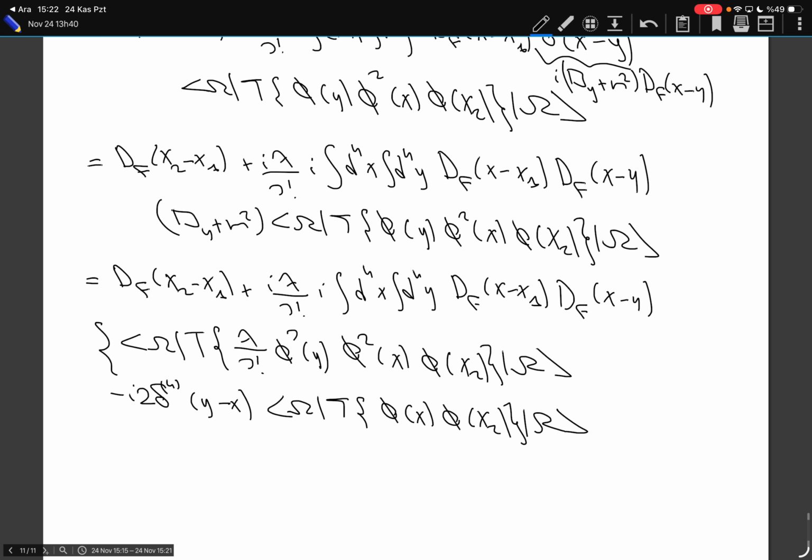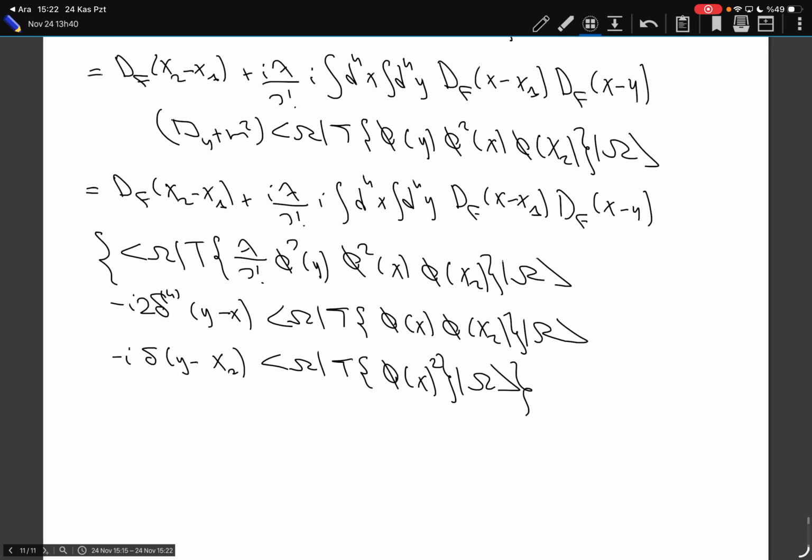And then φ of y can commute with x₂. These are all the terms I have.